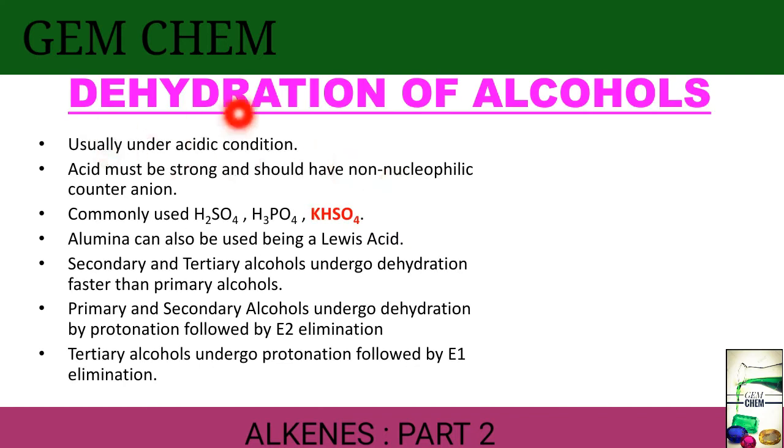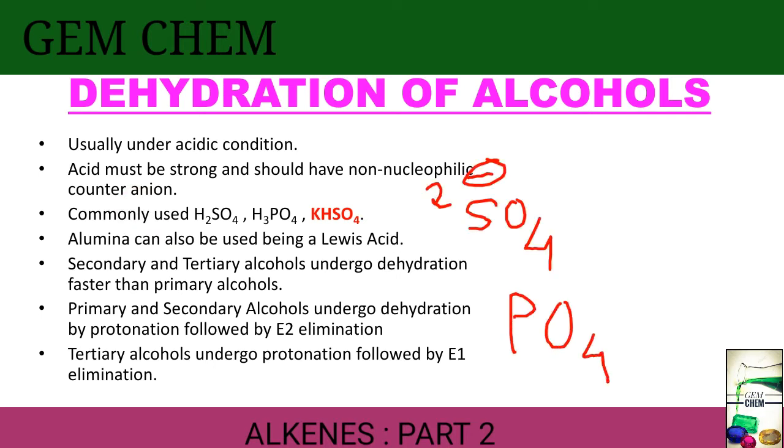Now what are the facts for dehydration of alcohols? Usually this occurs under acidic condition. The acid must be strong and should have a non-nucleophilic counter anion. For phosphoric acid, the counter ion is PO4 3-, or we can also take it as H2PO4-, right?